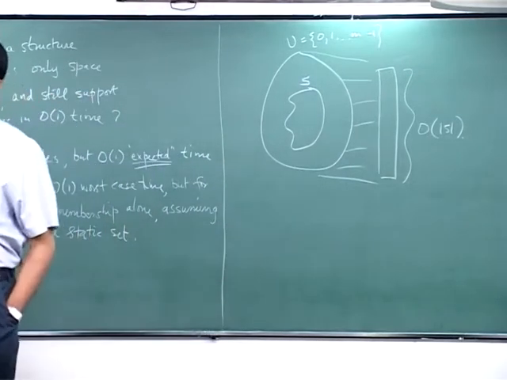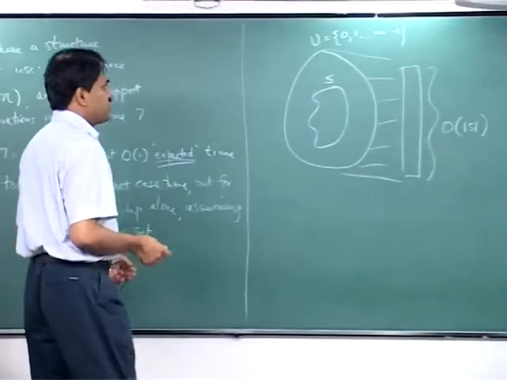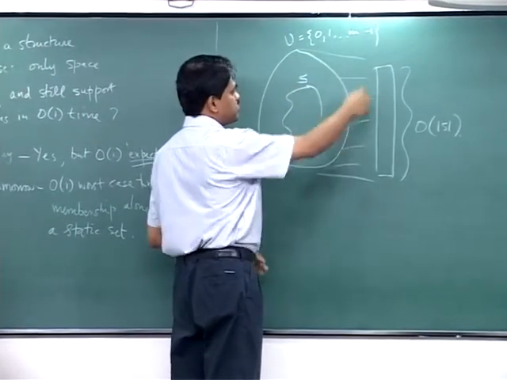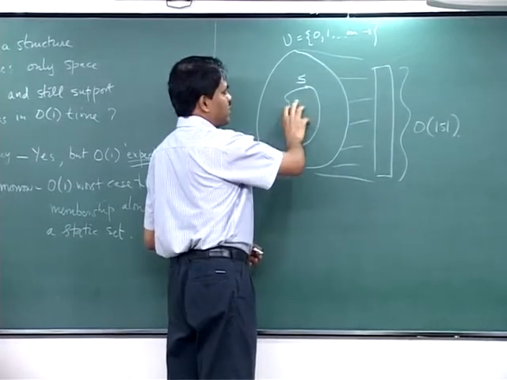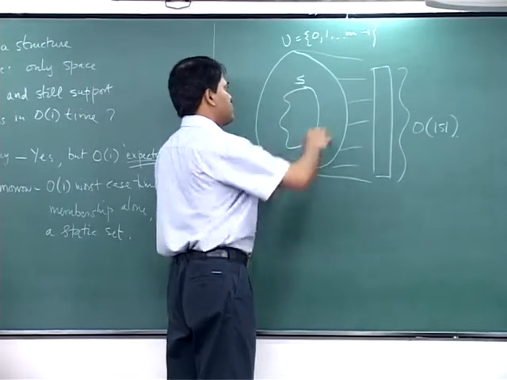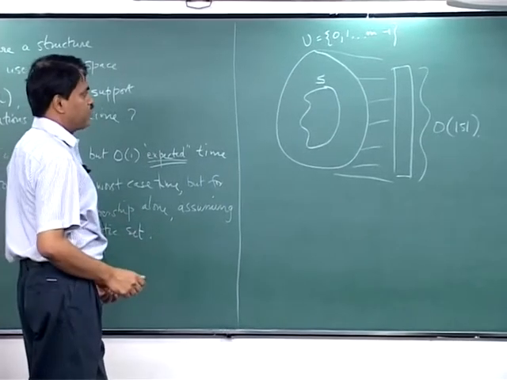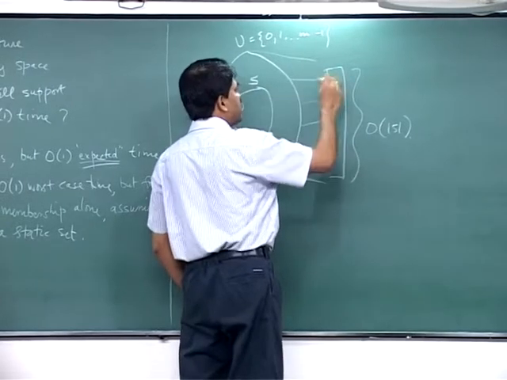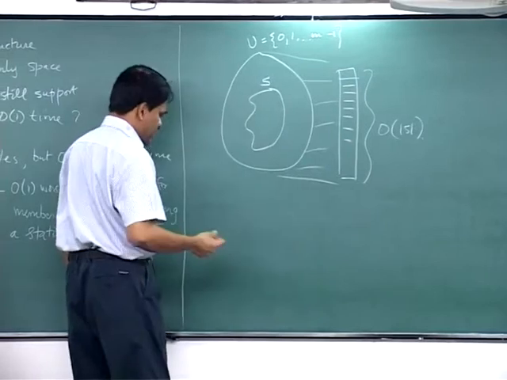I'm looking for a function, a hash function, which somehow brings down the universe size to something small. But when it comes to this set which I want to represent, I want to make sure that this gets mapped injectively. That's tomorrow's problem. Today I want to make sure that not too many elements get mapped to the same location. Okay. So let's get started.